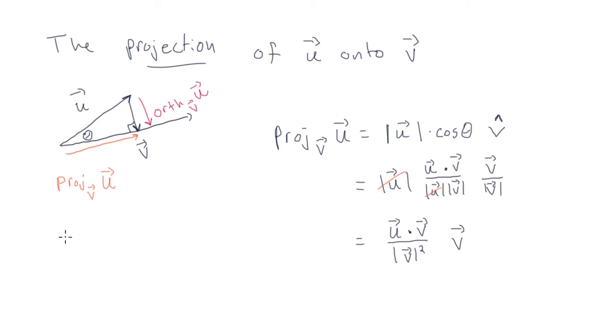Well, we can actually just write this in terms of the difference of two vectors. So the orthogonal projection of u onto v is just going to be u minus the projection, like that.